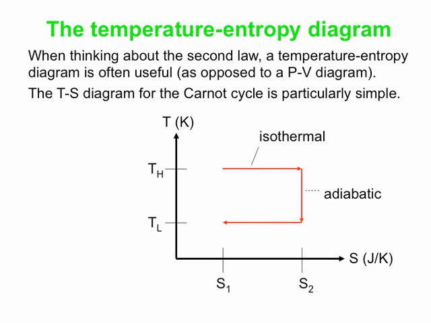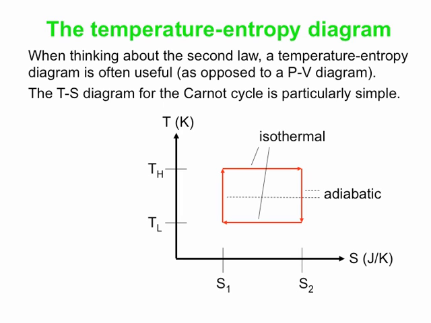We'll do another isothermal process, an isothermal compression, and that brings the system back to its original entropy S1 at a constant temperature TL. Then we do a final adiabatic compression, and again it's adiabatic, so there's no heat involved, no change in entropy, and we're back to the original state with the original pressure, volume, temperature, and entropy.